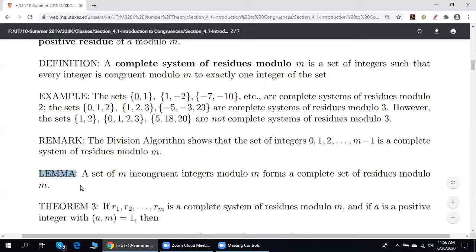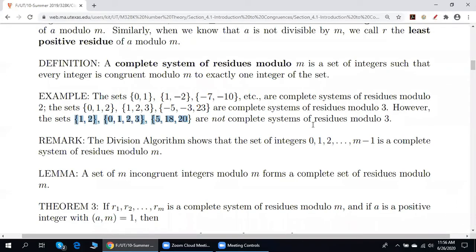This lemma explains why these are complete systems of residues modulo 2 and 3 and why these are not complete systems of residues modulo 3.